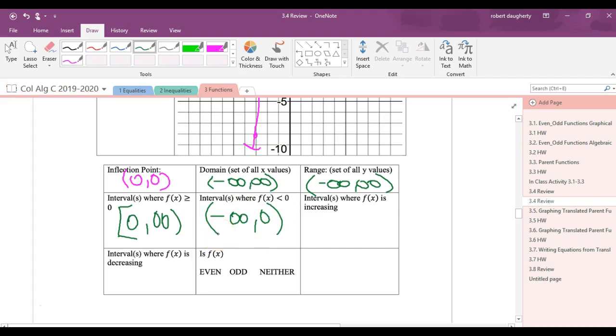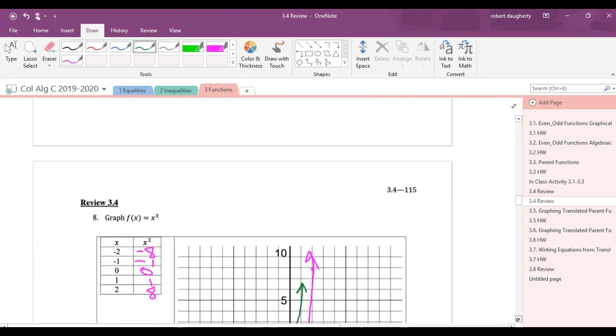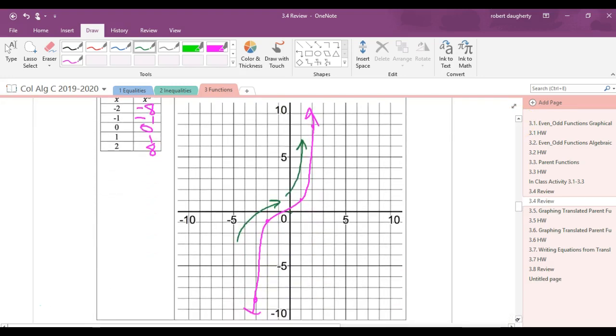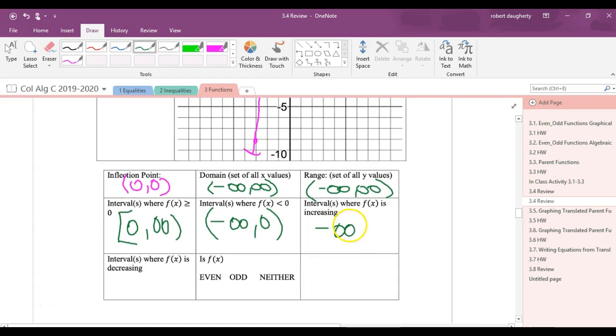Where is this function increasing? As I travel from left to right, this function is always going up. It increases from negative infinity to infinity. If it increases everywhere, then it decreases nowhere. And this is an odd function.